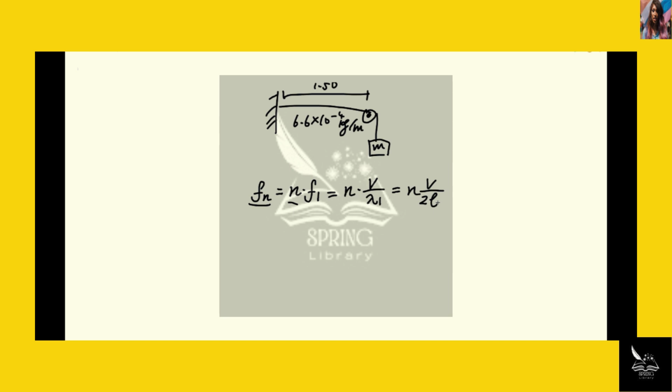Now, since it's a transverse wave on a string, we also have this relationship for v, that v equals the square root of Ft over mu. And Ft equals mg.